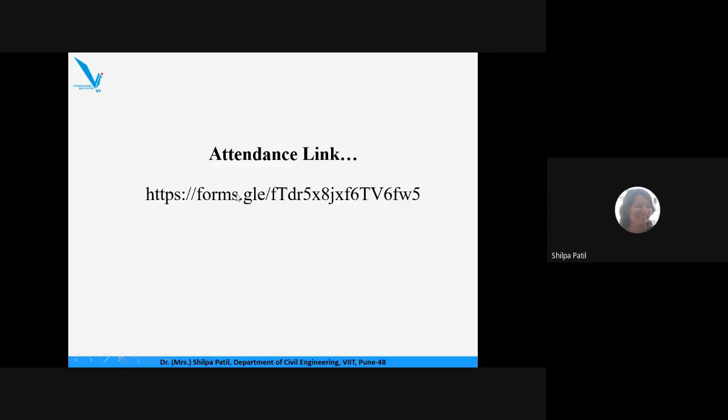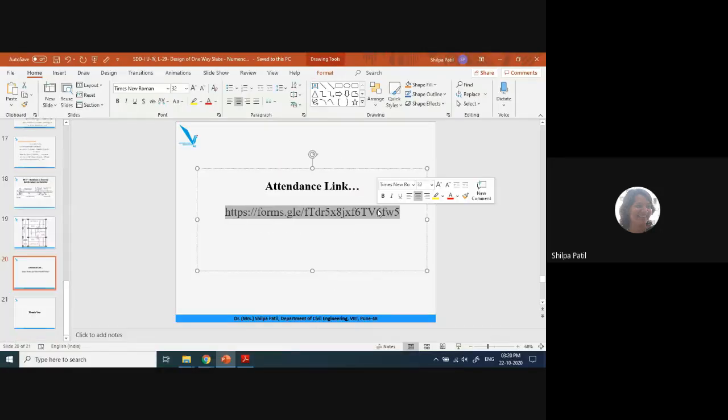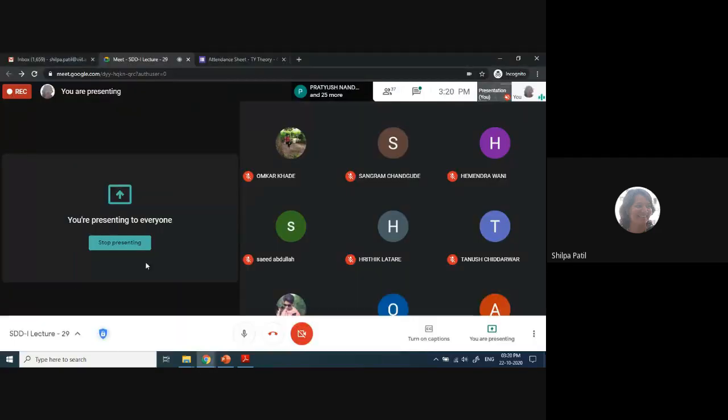So with this, we have completed the design of continuous slab also. The design of cantilever slab I am giving you as a self-study. Obviously the material related to this I'm going to upload on your VLP course. You can refer to it and understand the design of cantilever slab as a self-study.